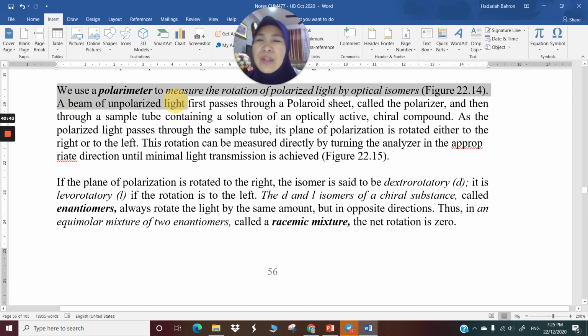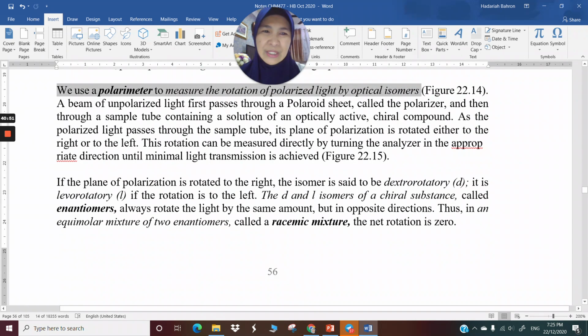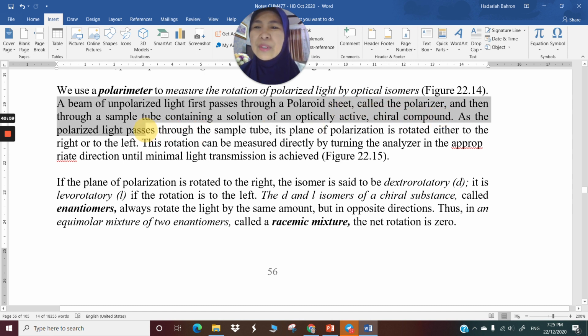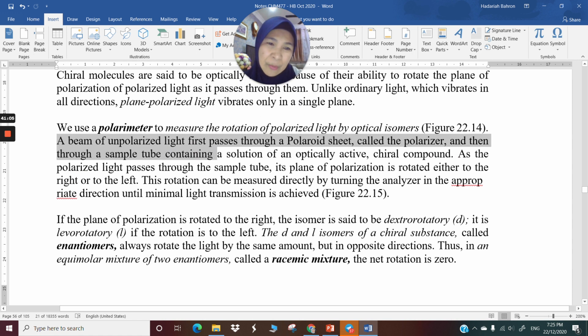Now, we use a polarimeter to measure the rotation of polarized light by optical isomers, which I'm going to show you down here. A beam of unpolarized light passes through a polarized sheet called a polarizer, and then through a sample tube containing a solution of an optically active chiral compound.